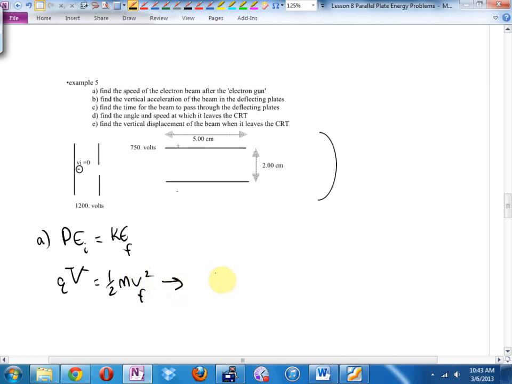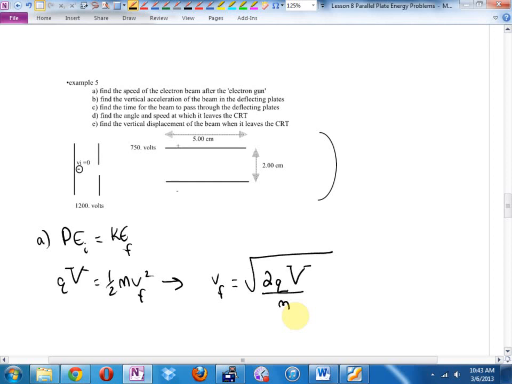Hey, this is the one that we put in the box. We said the final speed is equal to the square root of 2qV over m. Do we know Q? It's an electron. Do we know the voltage? 1200 volts, divided by m, the mass. We could crunch this. I'm not going to bother, but we could easily crunch this.